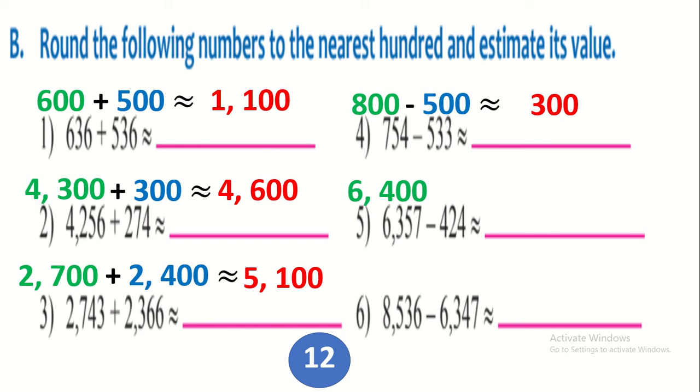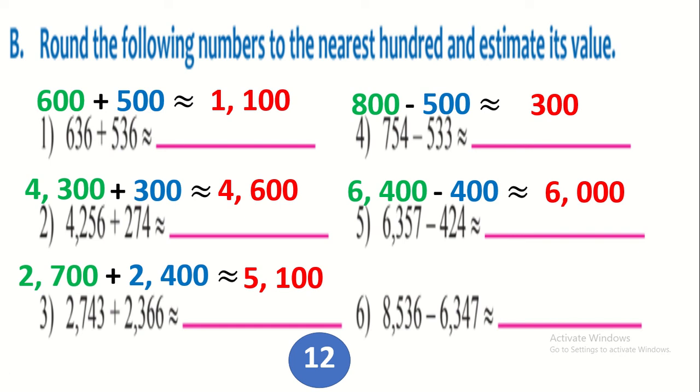For 424, you round this to the nearest 100 is 400. 6400 minus 400, the answer is 6000.